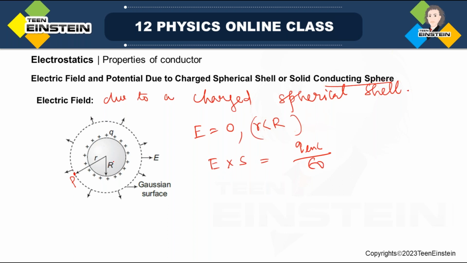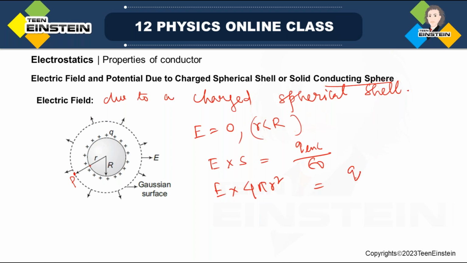By symmetry, the electric field will be constant at each point of the Gaussian surface, so I can take E out of the integration. The surface area is 4 pi r squared, with small r, and the charge enclosed is Q.